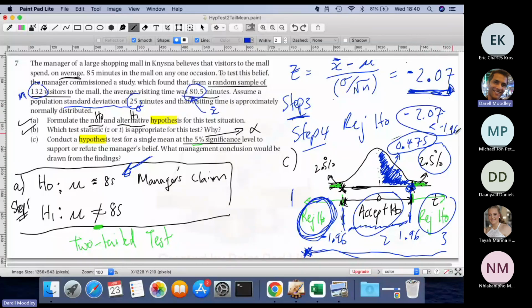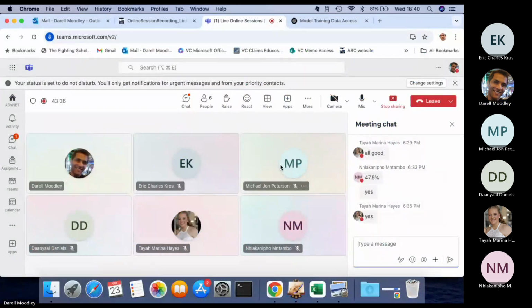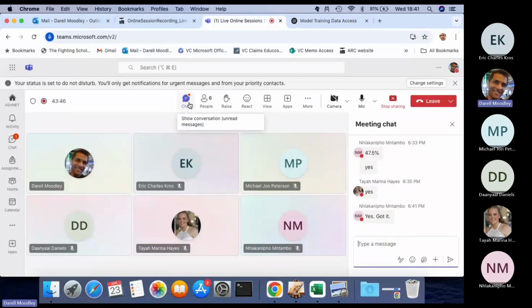You don't have to write this part. This is good enough, but you need to know how to determine that. Does that make sense? It's very important you understand that. Everyone? Did you understand how to compare what you got in step 3 to your rejection regions to determine whether you're going to accept or reject H0?